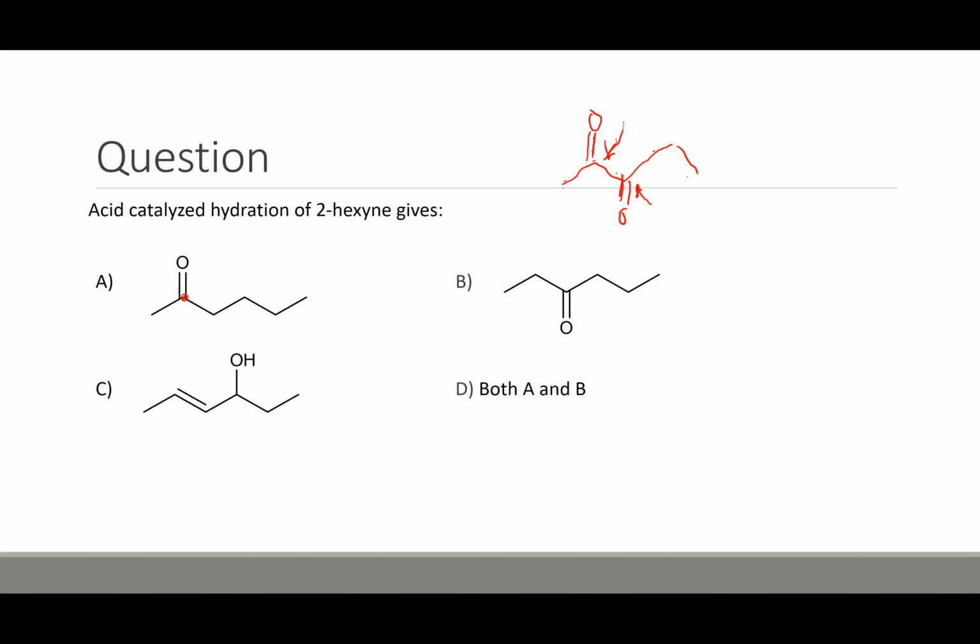Either of these are valid because of that starting placement of the triple bond. Both of them have the same substitution level, and so either product could form. So A or B technically is the correct answer. So both A and B would form in this case.